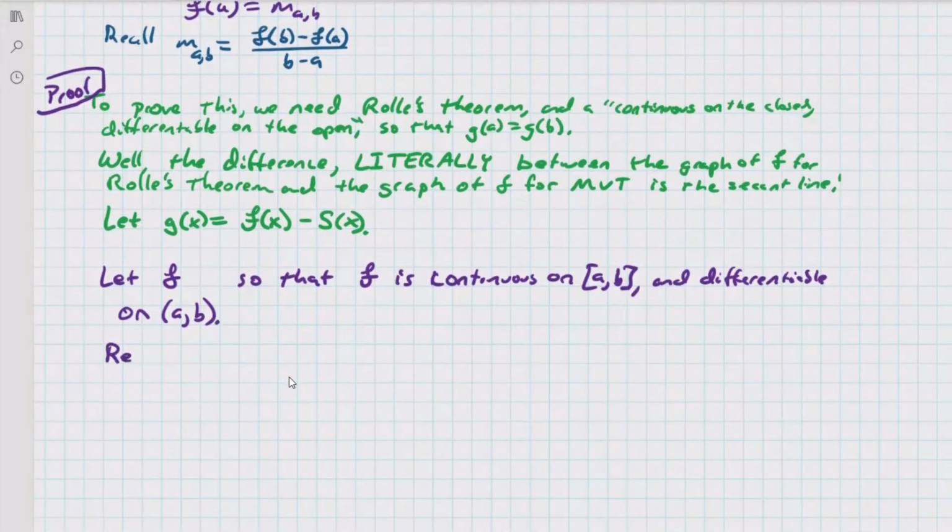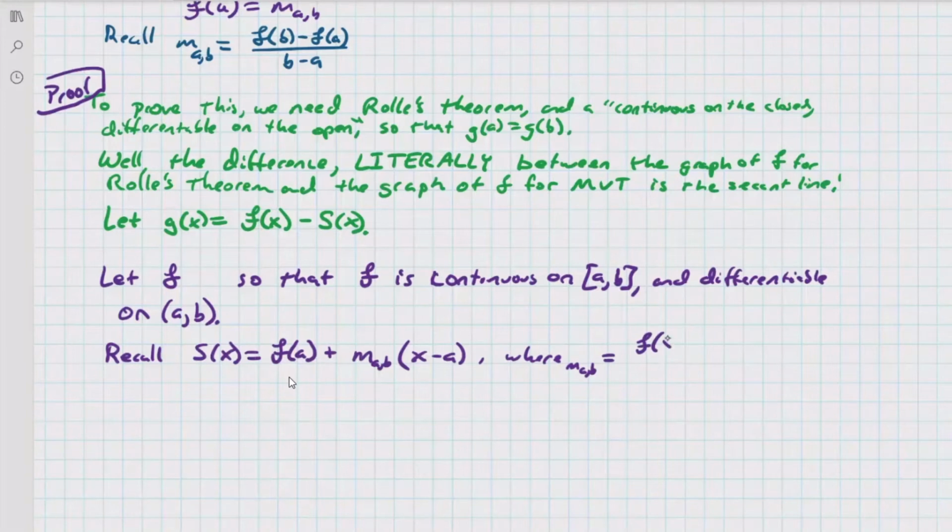Recall s of x equals f of a plus MAB times x minus a, where MAB equals f of b minus f of a all over b minus a. I'm sorry, this should be b minus a. Okay.